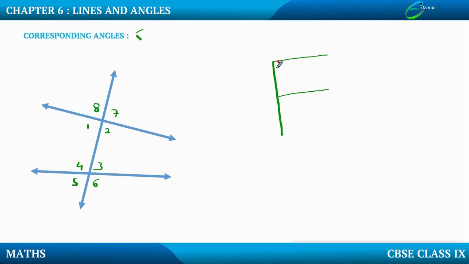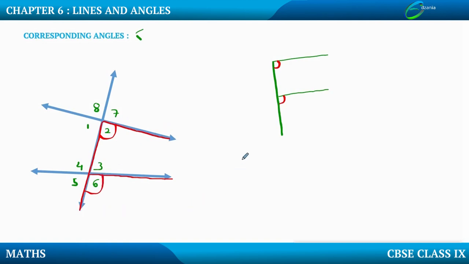So if this angle is the first angle, then its corresponding angle will lie down over here. If I consider this F over here, just see properly, there is an F over here. So I can clearly see angle 2 and angle 6 are made because of this F formation.